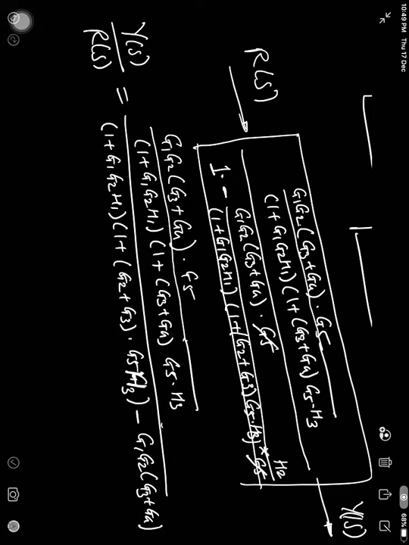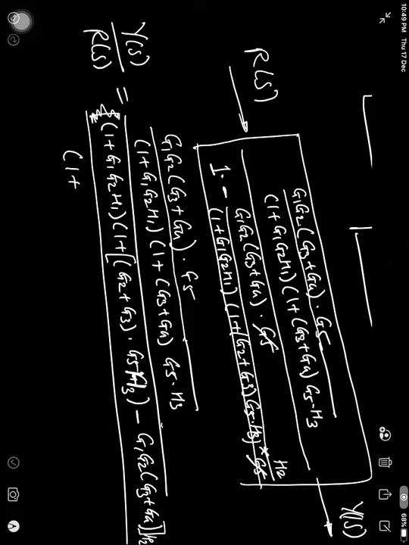I had written as it is, and in this particular case I am supposed to divide the entire thing, but before that I am supposed to multiply 1 plus G1 G2 H1, 1 plus G3 plus G4 G5 H3.